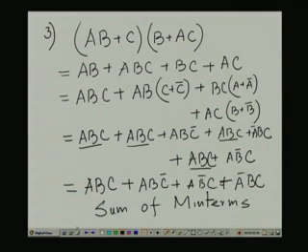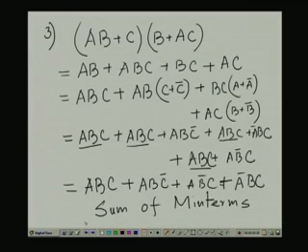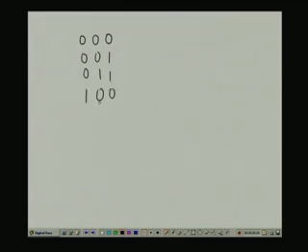Now, we see how we can write this as a product of max terms. Before that, another way we can represent this. The terms are A B C bar, A B bar C, A bar B C. Min term wise we can write 0 0 0, 0 0 1, 0 1 0, 0 1 1, 1 0 0, 1 0 1, 1 1 0 and 1 1 1.